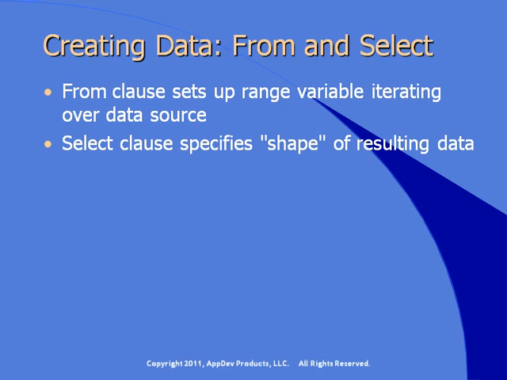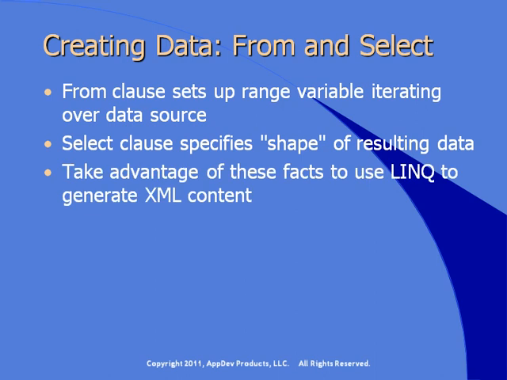We haven't taken advantage of that feature very much, but it does allow you to do that in any query. We'll take advantage of these facts to use LINQ to generate XML content. That content will be newly created XML using a collection of classes, and we'll spit out new XML based on that collection.